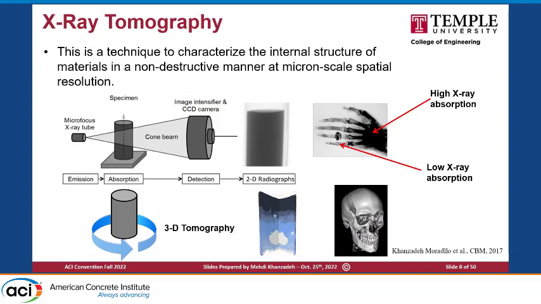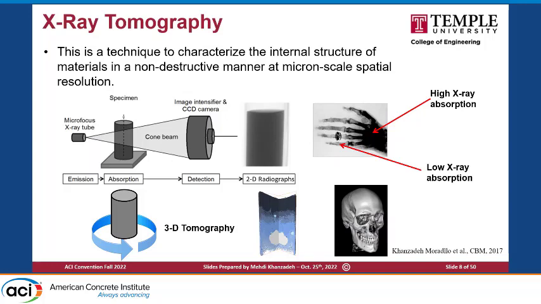Starting with X-ray tomography, we can use it to look at the microstructure, the internal structure of our system, at the micro scale, or in some cases, if we have the capability, at the nano scale.